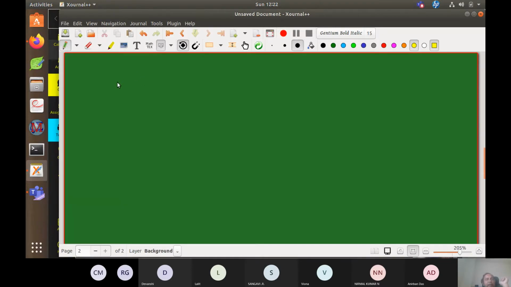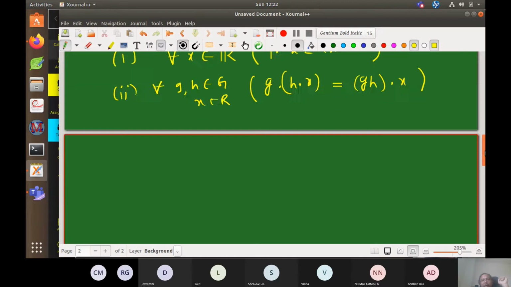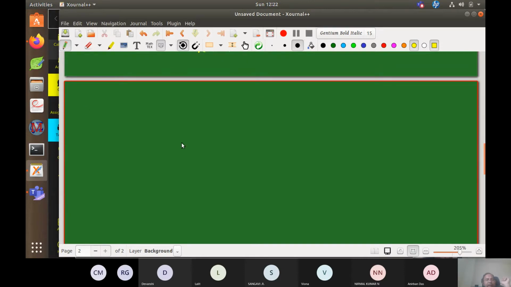Now in this example itself, I am restricting G again to {1, -1} only. Now I can see that it is again an action with the same action. Now my set X I'll take equal to the integers.